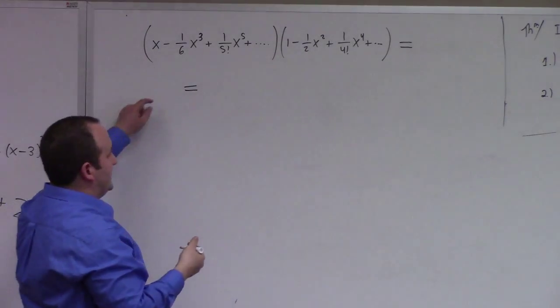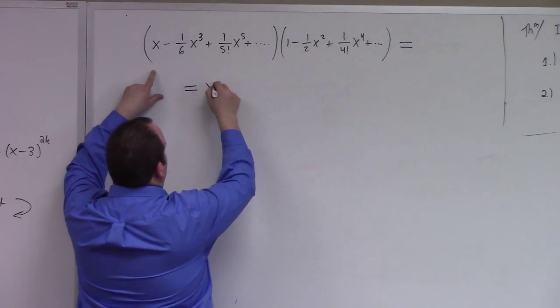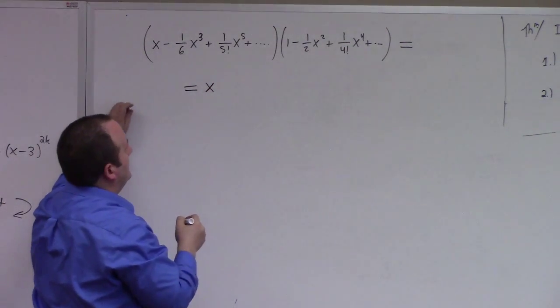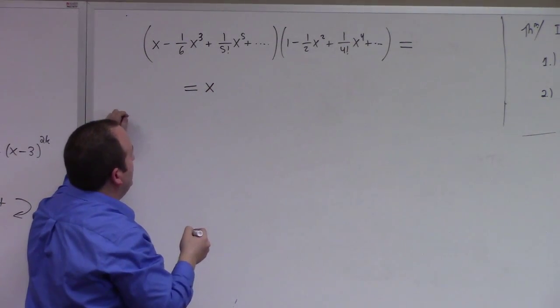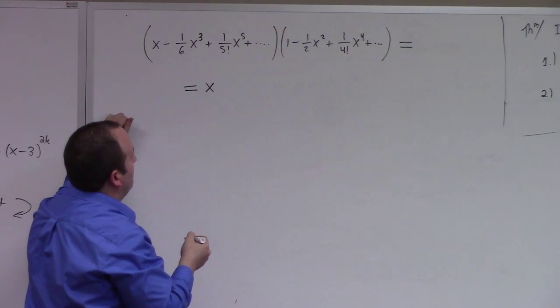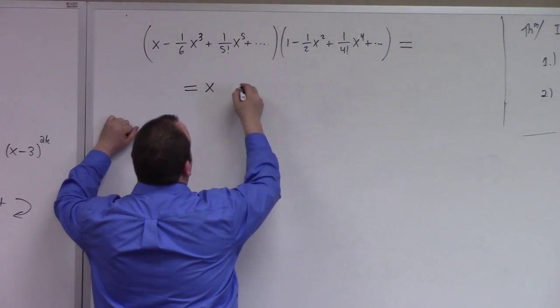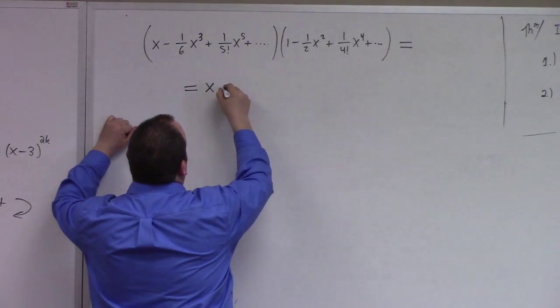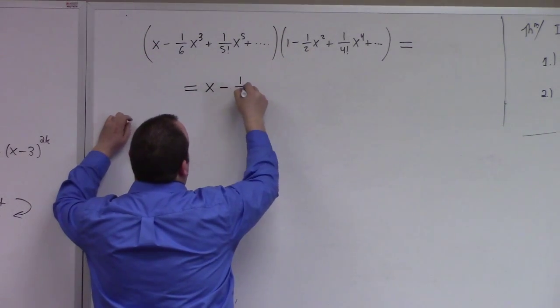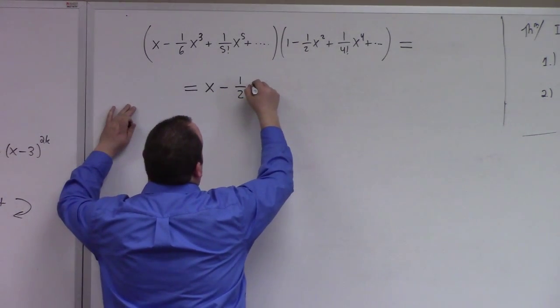So let's see, what's the first term? x, all right. What is the next term? Minus 1/2 what? 1/2 x cubed, though, right?